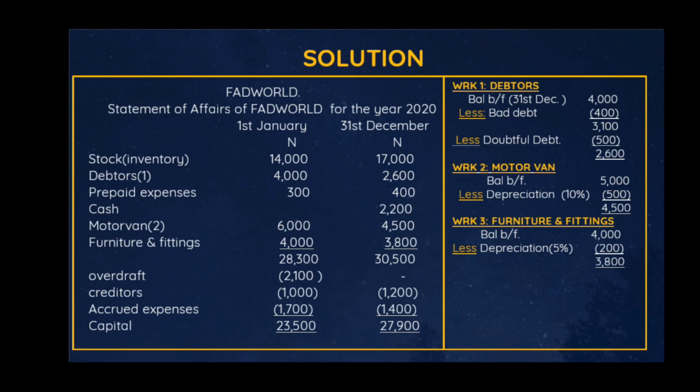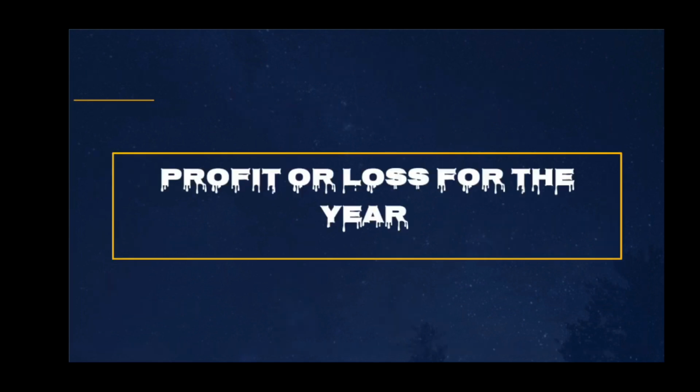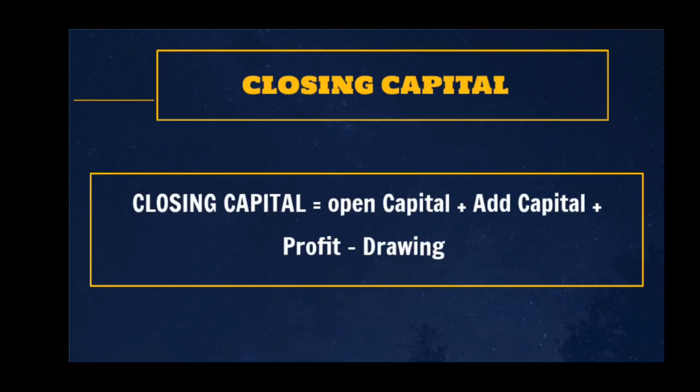So now we want to calculate the profit for the year, and just like I said, what is the formula for profit? We already have the value of the closing capital, but the closing capital of a business equals the addition of open capital plus additional capital plus profit less drawing. It's very simple.